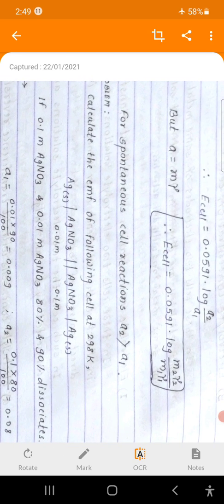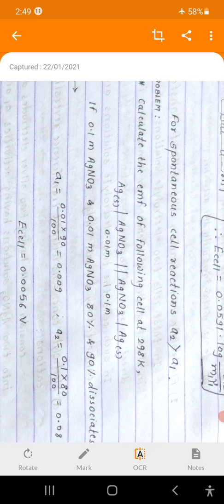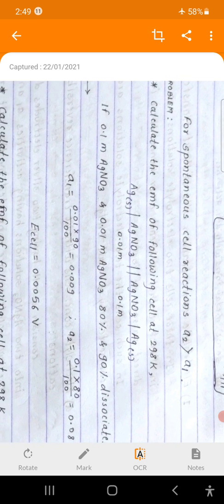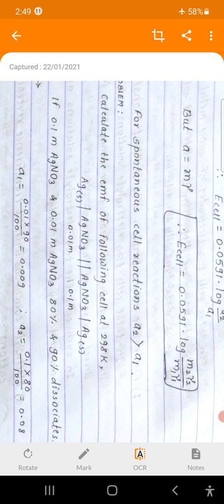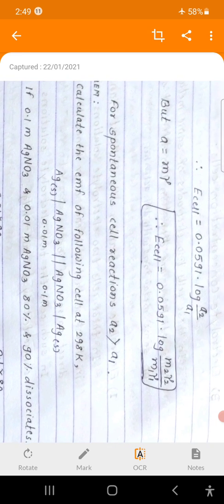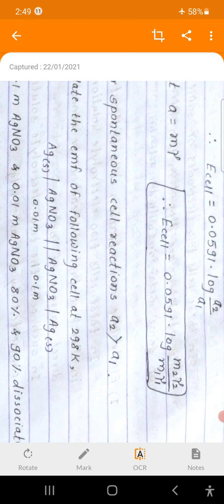If the values of A1 and A2, that is m2 gamma 2 and m1 gamma 1, are known, then we can calculate the EMF of this type of cell using this equation. All of you remember this equation. This is the EMF equation for electrolyte concentration cells without transference reversible to cations.